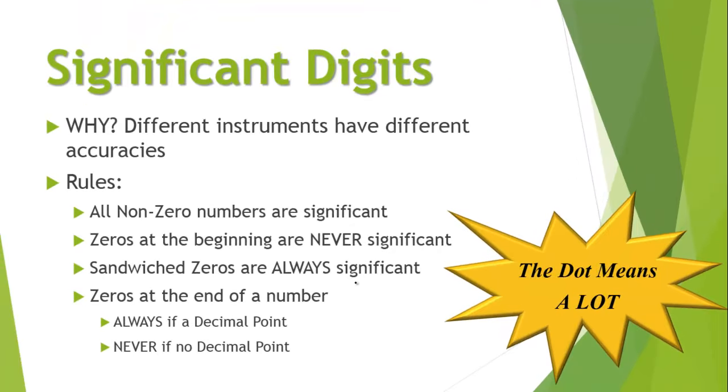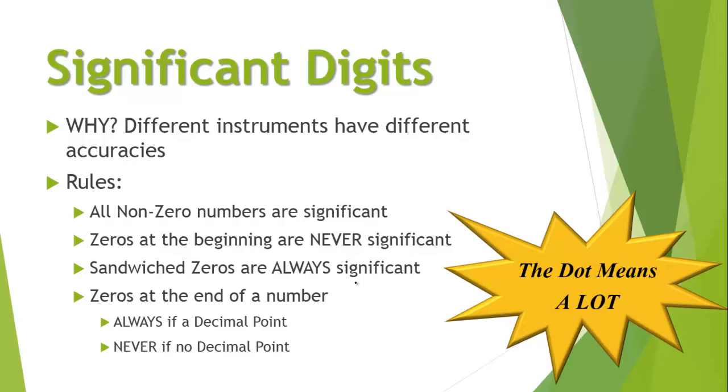Second thing we're going to look at tonight are significant digits. Everyone's favorite. Maybe you remember these from back in biology, maybe even back to IPS. So why do we use significant digits? Well, that's because the different instruments that we have will have different accuracies.